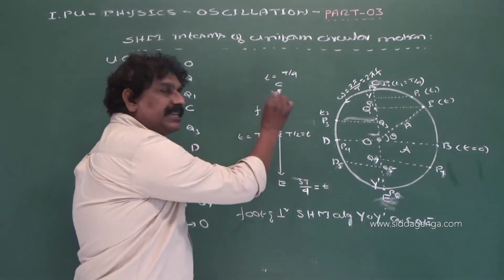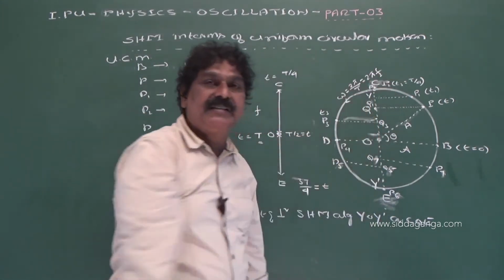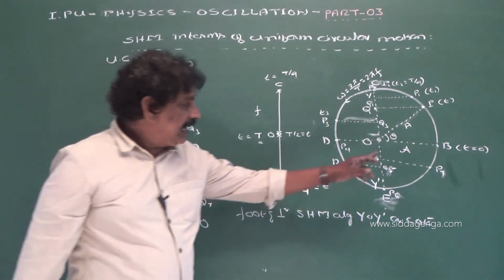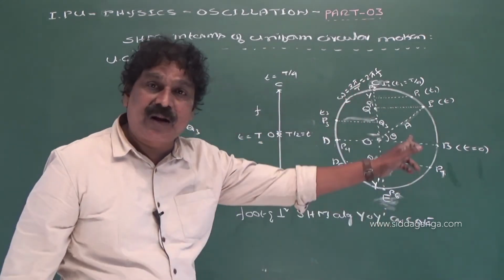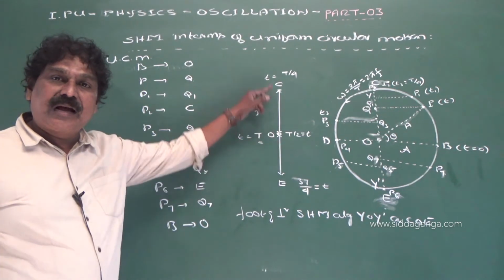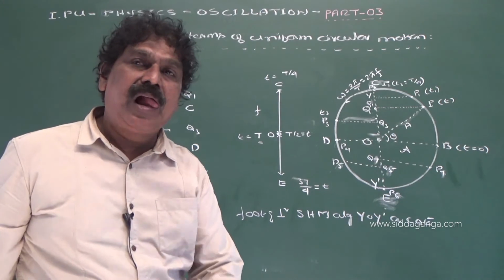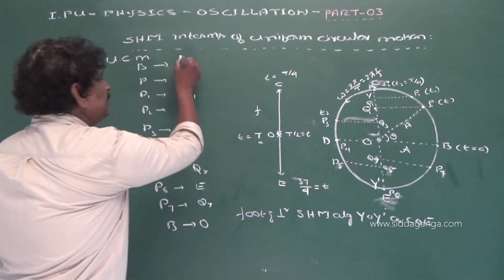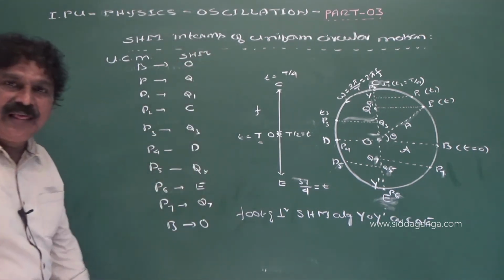The frequency of simple harmonic motion is the same as the frequency of circular motion. Therefore, when the particle completes one circular motion, the foot of the perpendicular completes one oscillation, or one simple harmonic motion. So this is simple harmonic motion.